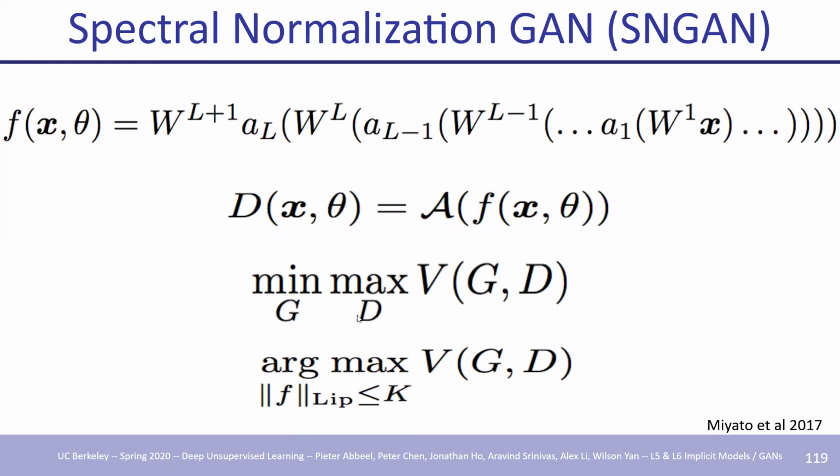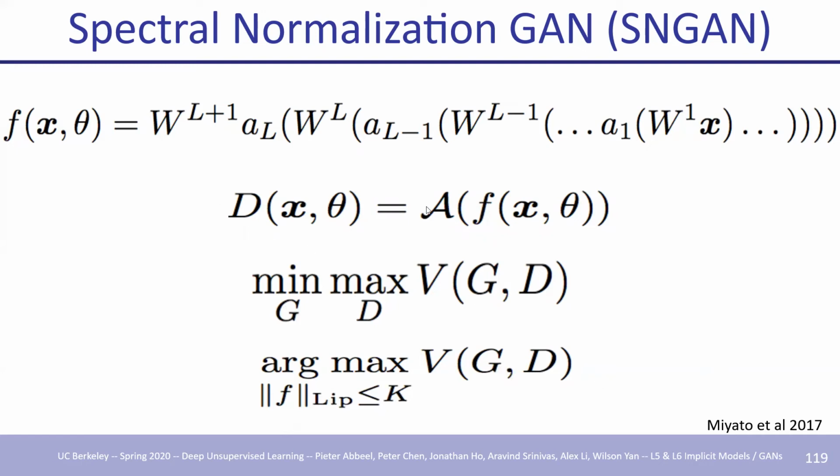This is the original GAN formulation, and this is the Wasserstein distance formulation, where we find the F, which is the same as the D, and it's below K. So this is what we already know, except for this one.